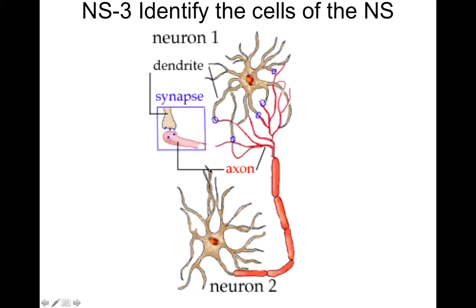This would be a typical neuron, like a couple of neurons. And the different parts here, it's a physical breakdown we're going to look at. Let's just start with the cell body. So this is the cell body right here.